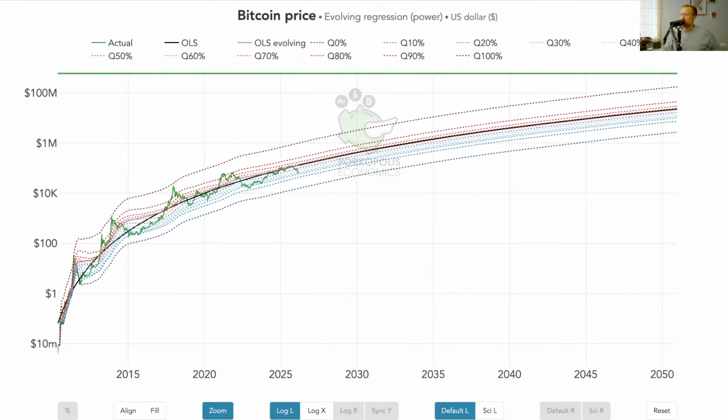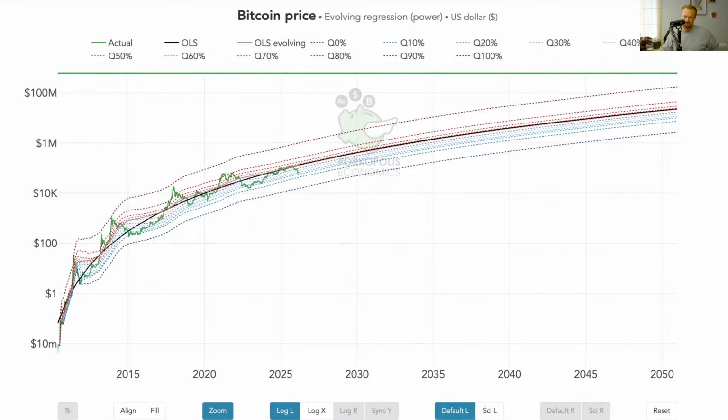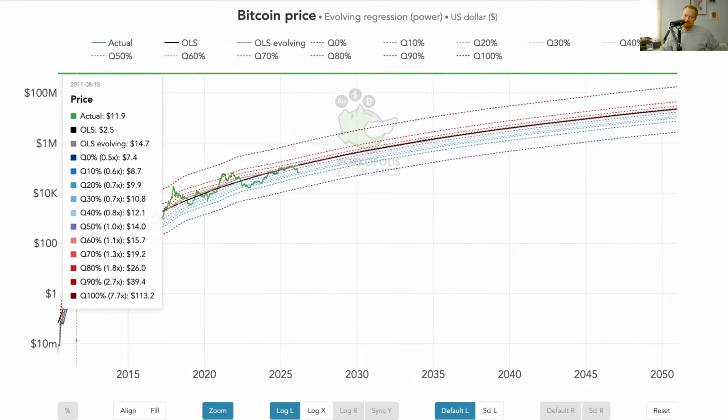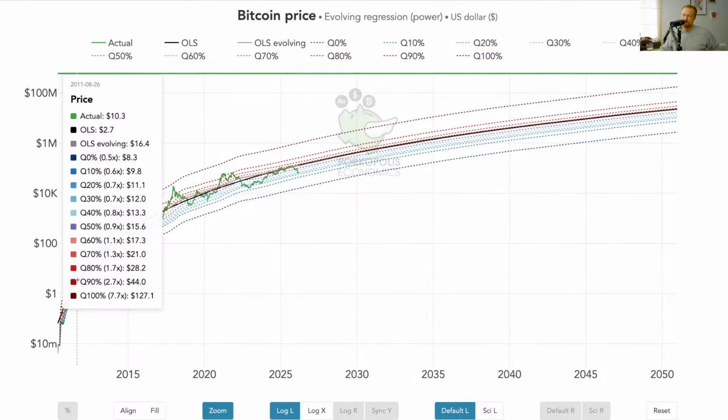All right. So I think I got a good way to show this now. As you guys know, I've been trying to improve this software day by day. You'll get access to it soon. This is my old evolving regression, and it works on the multiple over or under price. As you can see, back in the day, we had more extreme moves over or under price.